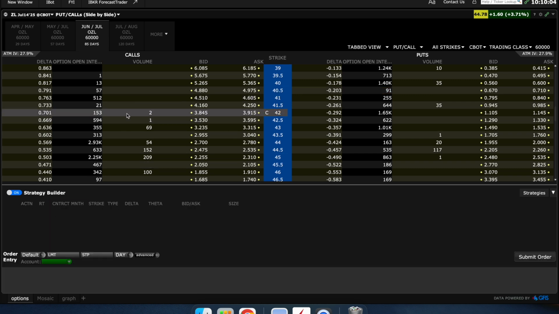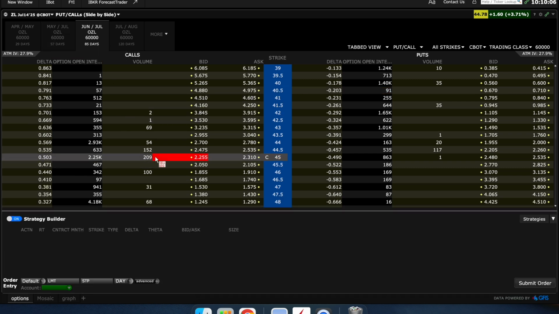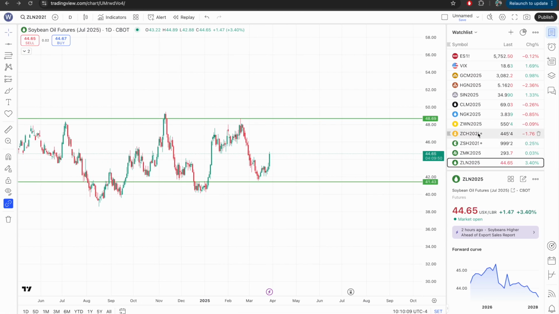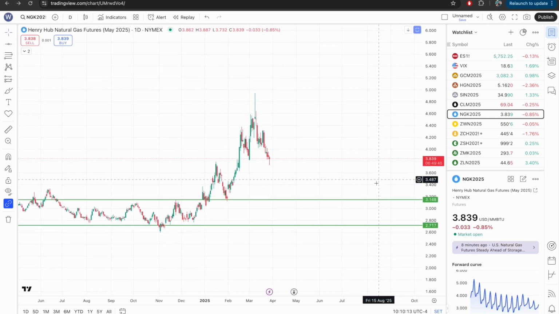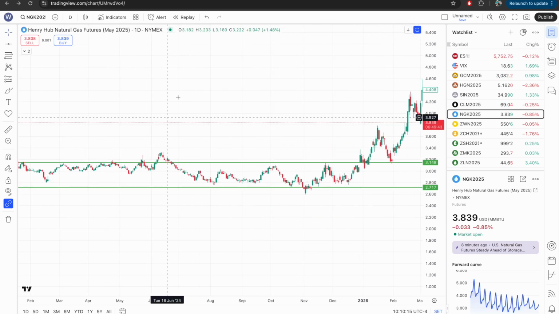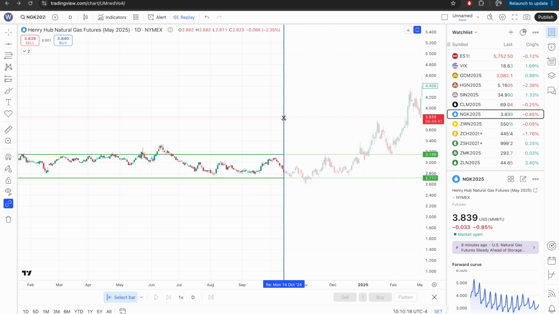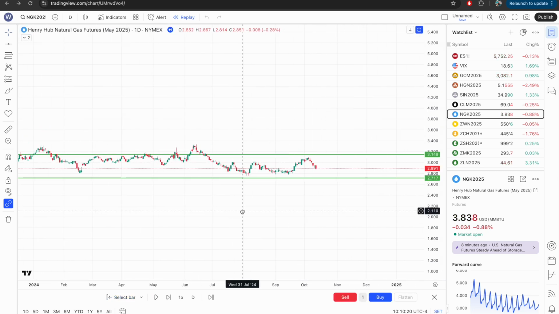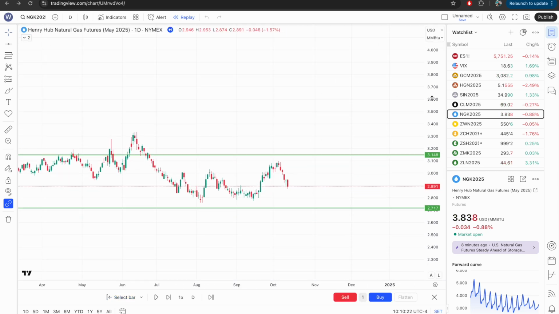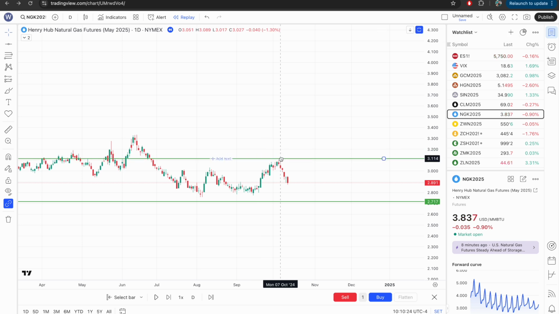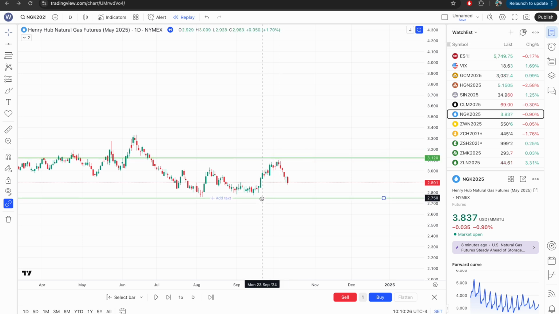Now, sometimes 57 days to expiration will do the trick. Right now in the market, there's no good example for that, but I can go back in time and show you approximately, let's see, somewhere like here. This is natural gas, and here the ideal range will probably be this range.